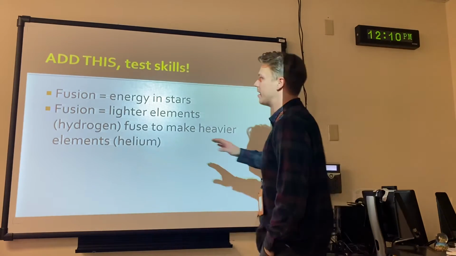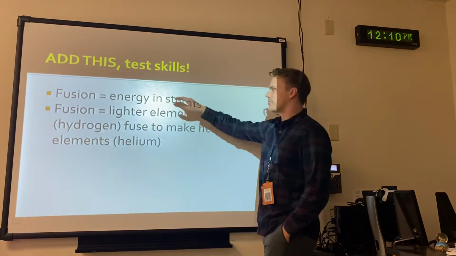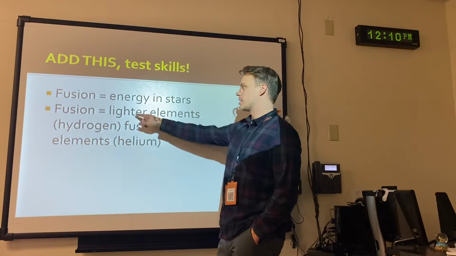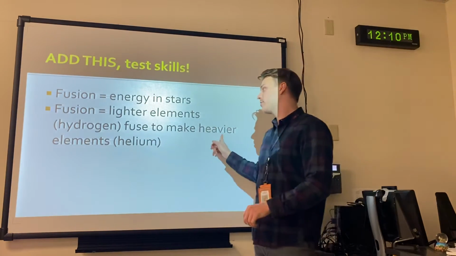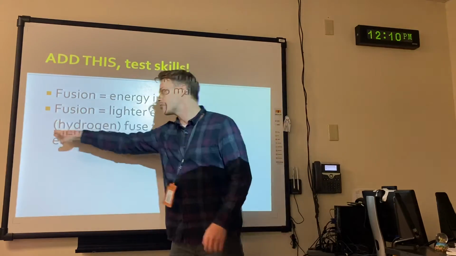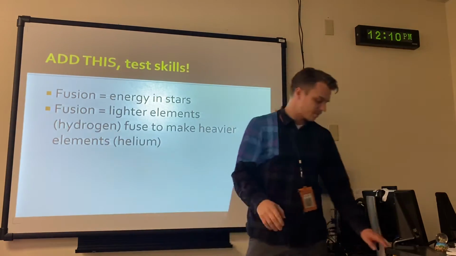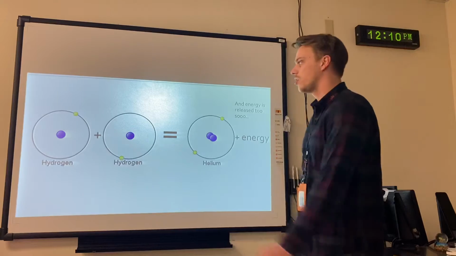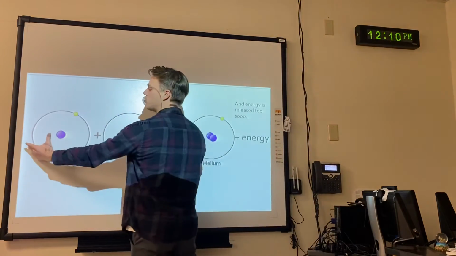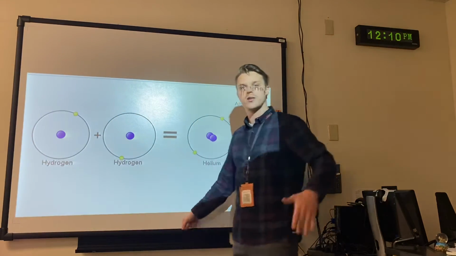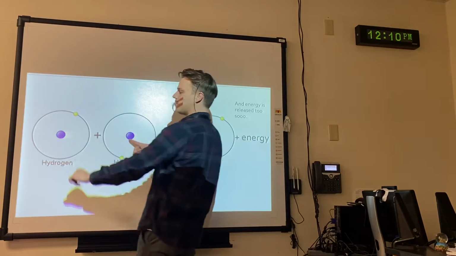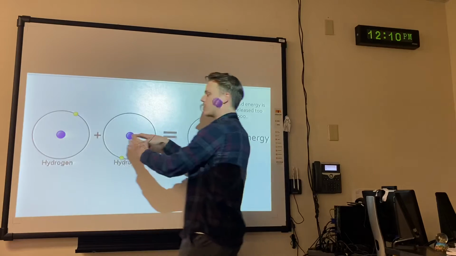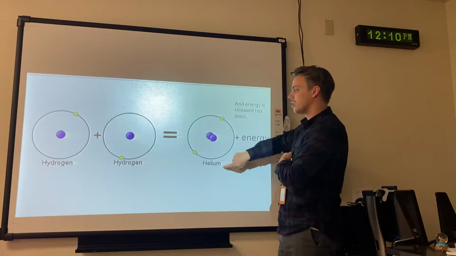So fusion is what creates the energy inside of stars, and fusion is taking lighter elements or small elements and combining them to make heavier elements. So it's turning hydrogens into heliums. And it looks something like this. Two hydrogen atoms get squeezed under such high pressures and under such high temperatures that these two positive centers of their atoms end up connecting and creating a helium.